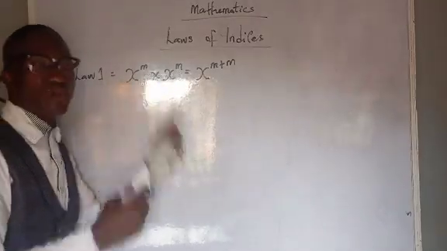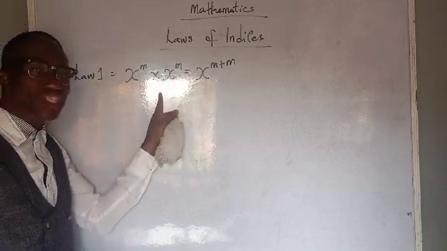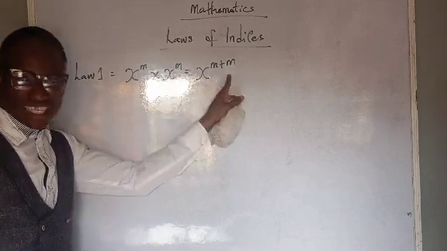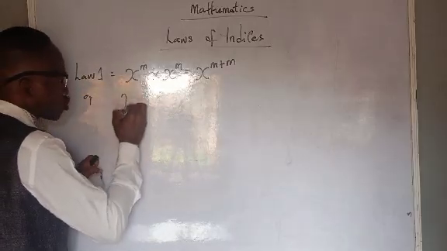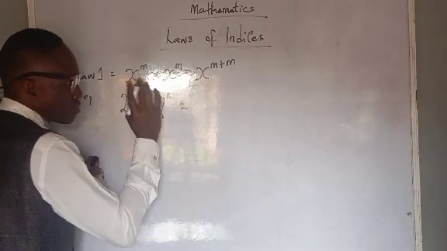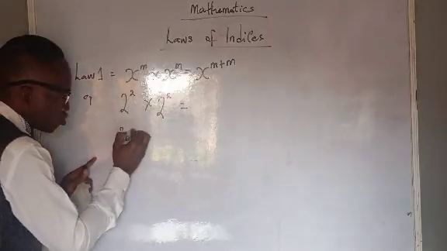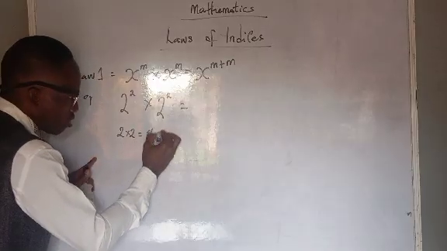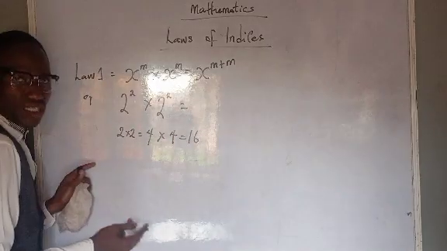Anytime you have numbers like this, you add the powers. So multiplication will give me what? Addition. Look at what it means. If we put an example like this, 2 raised to the power of 2 times 2 raised to the power of 2, I have 2 ways I can do this. I can say 2 times 2 will give me 4, times 2 times 2 will give me 4, which will be what? 16.